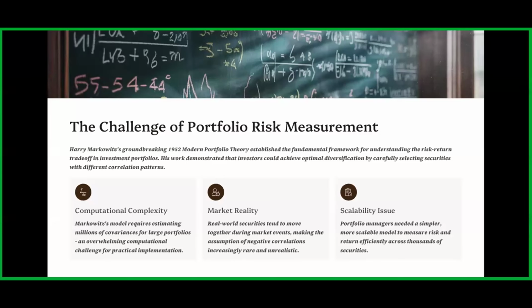Why did Sharpe come up with this model? Because he studied the Markowitz theory, and what he found was that Markowitz portfolio theory established the fundamental framework for understanding the risk and return trade-off in investment portfolios.